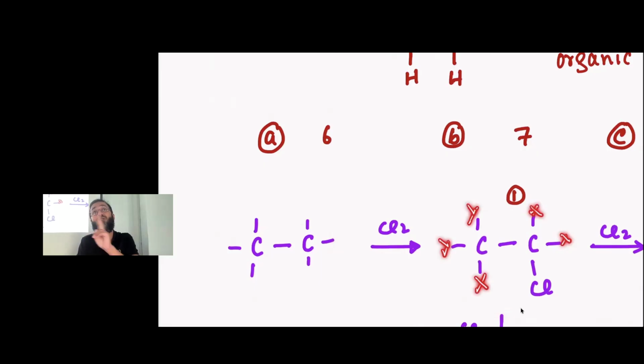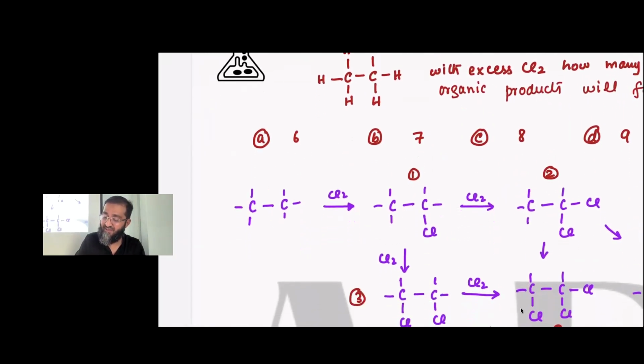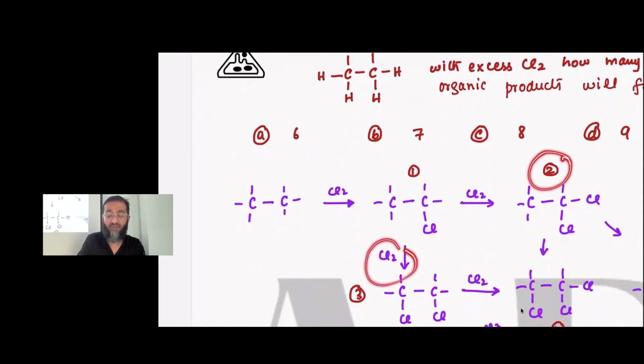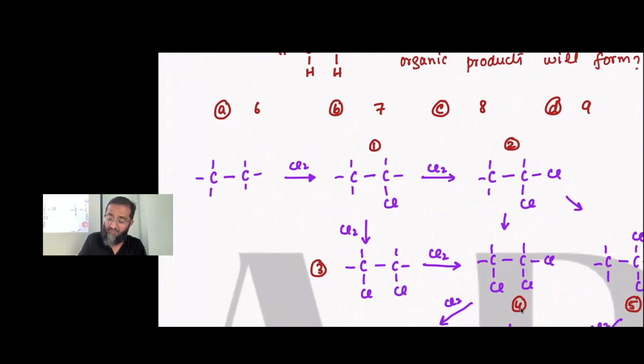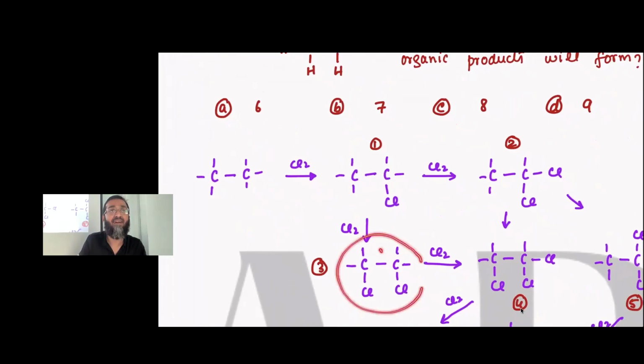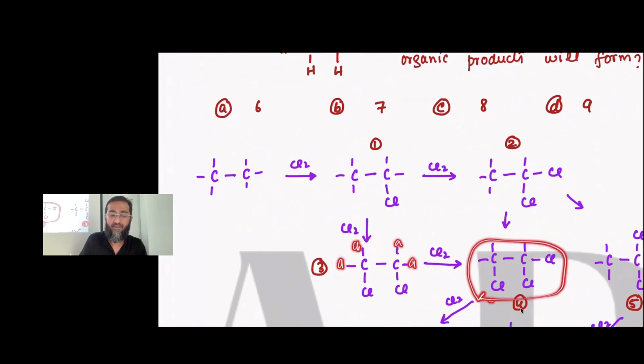So instead of 1, we are actually getting 2 different possibilities, 2 different structures. Is this clear? See, the second product and the third product. If you look at the third product, it again becomes symmetrical, right? So now all these 4 positions become equivalent. It doesn't matter where the chlorine gets substituted, you will always get this one, right?